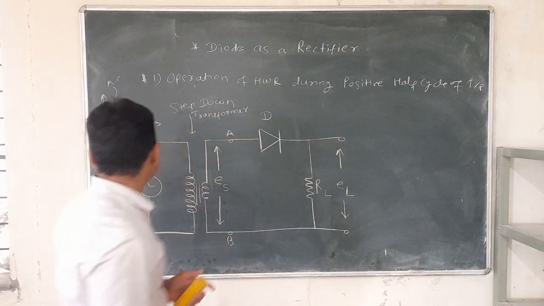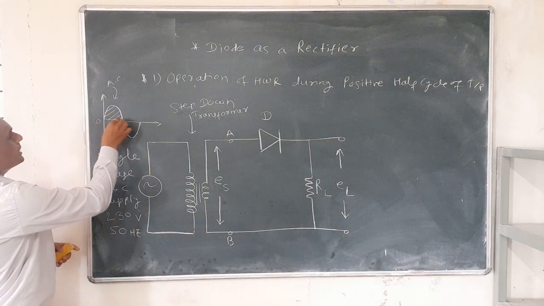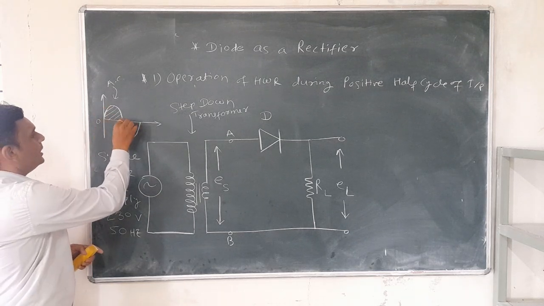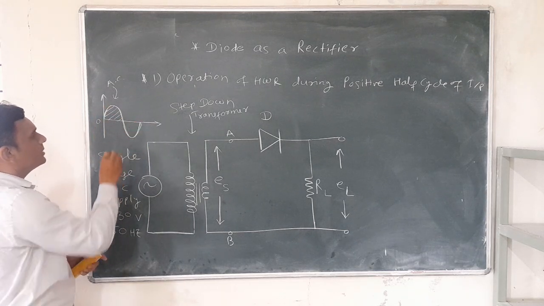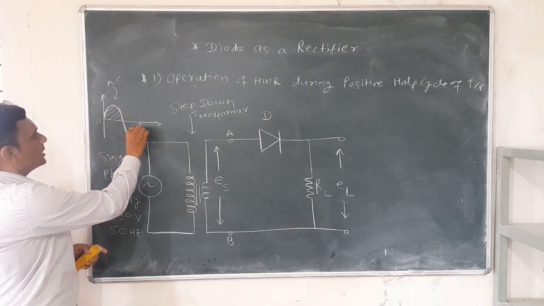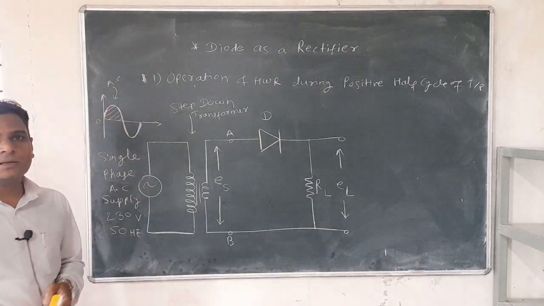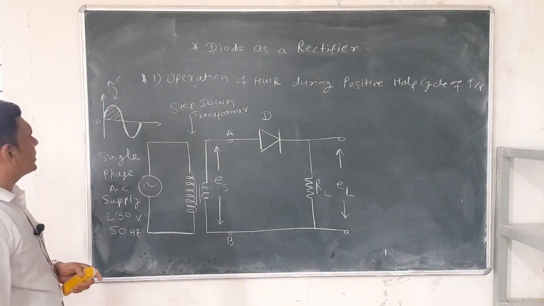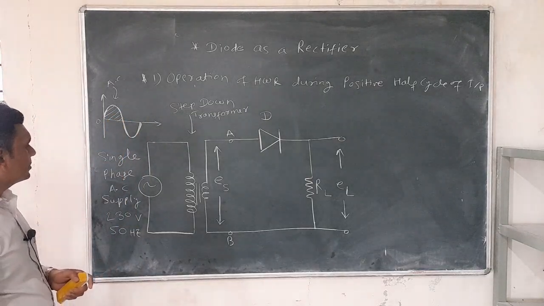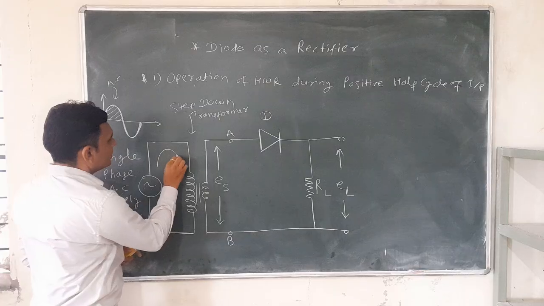Initially consider positive half cycle of the input, because here this AC signal consists of alternate positive and negative half cycles. When positive half cycle is completed, negative half cycle starts. When negative half cycle is completed, then positive half cycle starts. So initially consider the positive half cycle of the input.